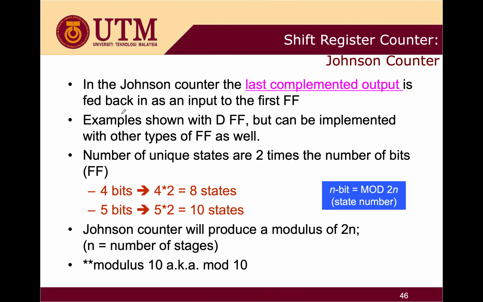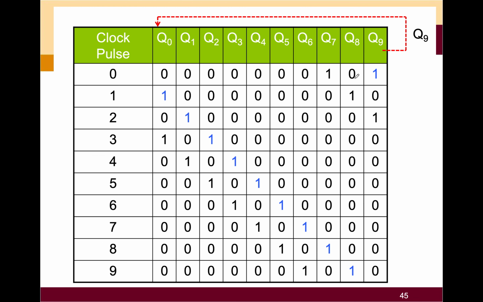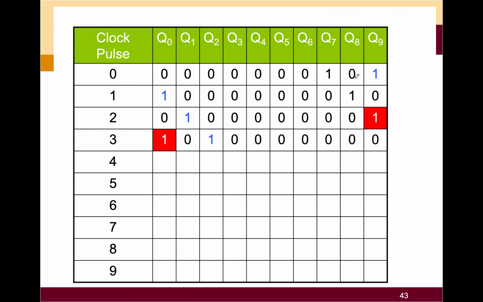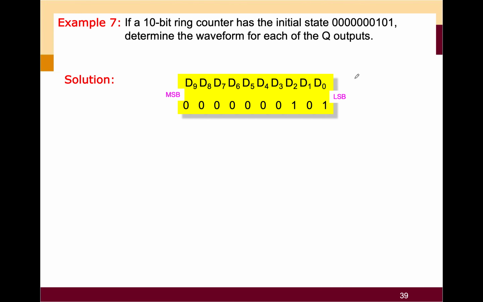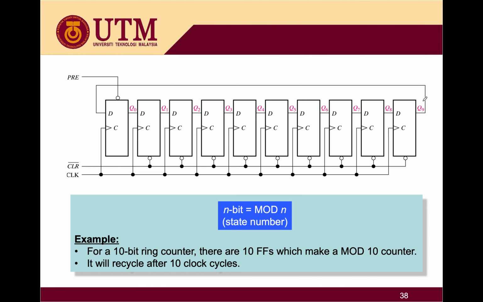Another one we're going to look into under shift register counters is the Johnson counter. In a Johnson counter, the last complement output is the feedback. So it is the complement output, the Q bar of the last flip-flop, not the Q itself.